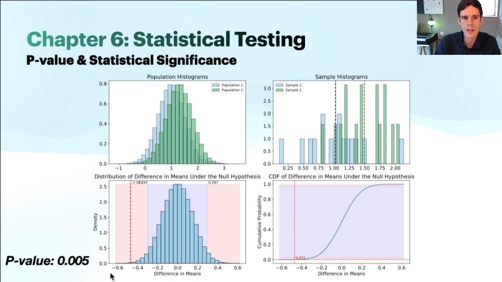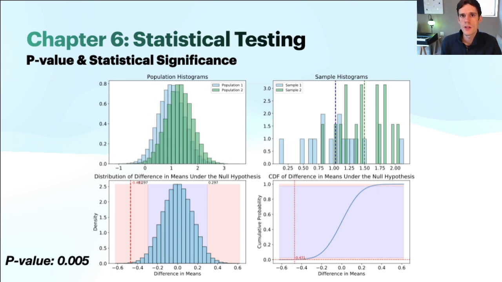More concretely, we computed a p-value for this value, which we will learn how to do shortly, to be 0.005, meaning that only 0.5% of values of this entire distribution are more extreme than the value that we got from our specific sample. So this means that we can reject the null hypothesis, and therefore we can conclude that the magnitude of the difference that we found of these means in our samples is indeed indicative of a difference in means of the underlying populations.